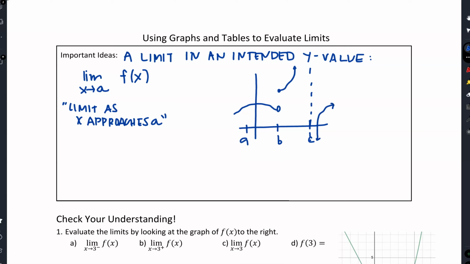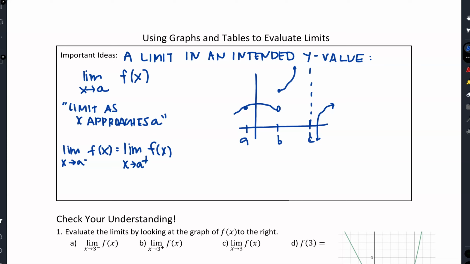Okay. So right here, the limit from the left of A, so the limit as x approaches A from the left of that function, is going to be equal to the limit as x approaches A from the right. They're the same.